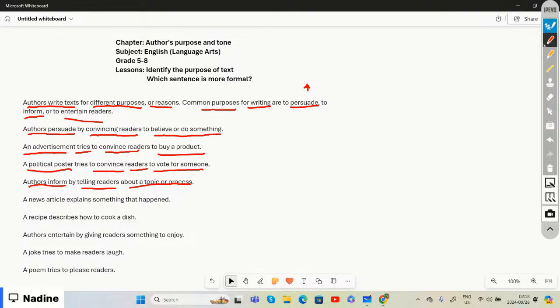Exactly. It's trying to tell you about the topic or a process of something. I wouldn't necessarily say trying to win something like money, right? But when it comes to the process, maybe we can say so.